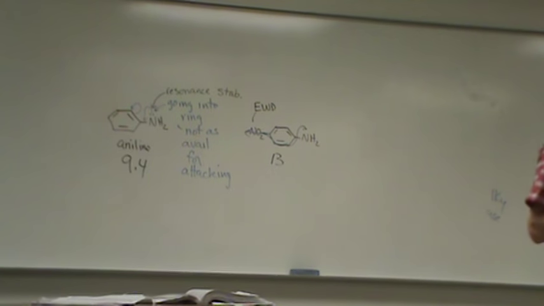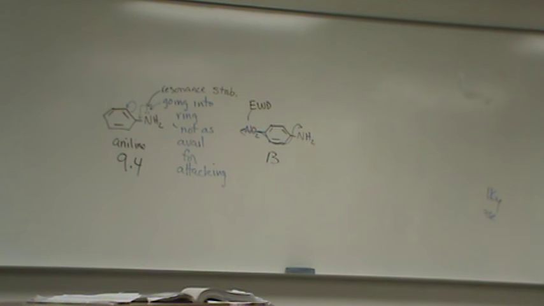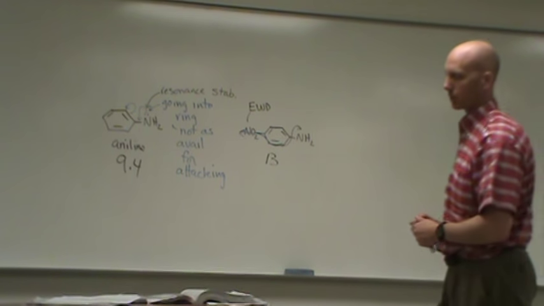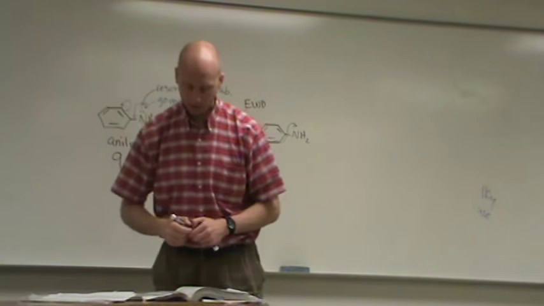Now, if I had an electron donator on the ring, then it would have made it a smaller value, or more basic. See if they have an example of that.